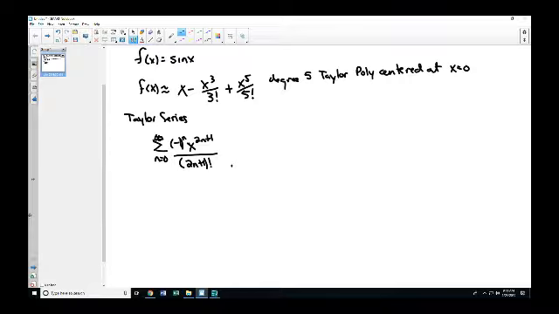So again, one of the points of this in the past, so we don't really have an issue with this anymore, is to approximate values of functions. So let's say you want to approximate or find the value of sine at 1.